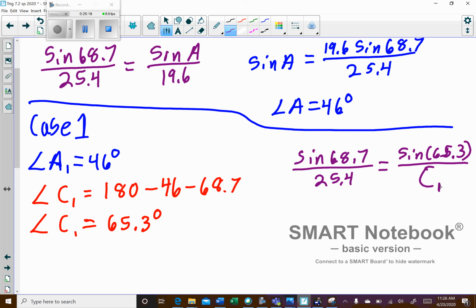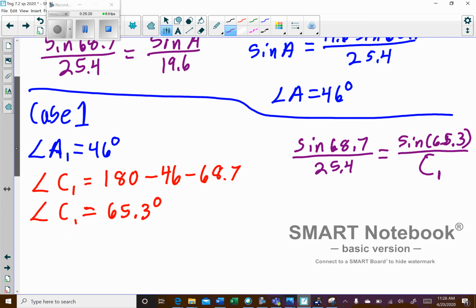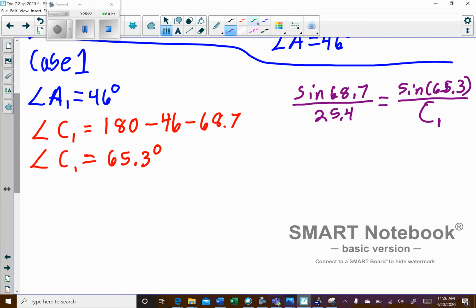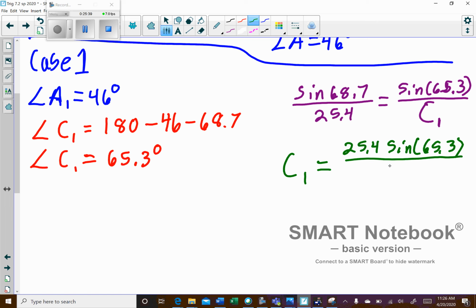So we'll do some of our algebra here. We should end up with side length C for case 1 being 25.4 times sine of 65.3 all over sine of 68.7.